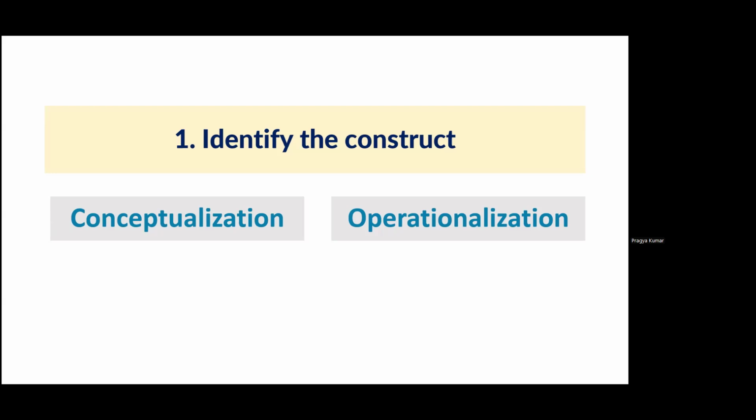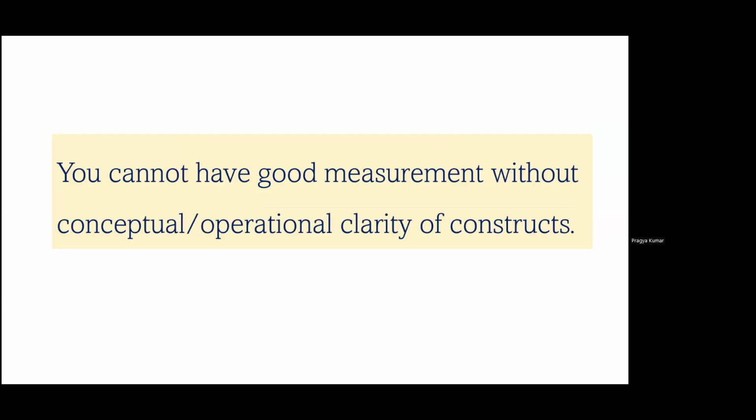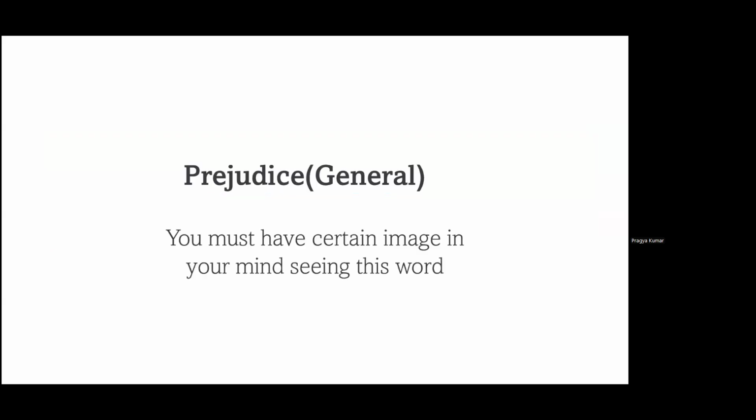Okay. So you should conceptualize and operationalize your construct. Conceptualization is basically you define it as a theoretical thing. Like, what is the theory? So in this case, if there is empathy, you have to define it. Like if you see this example, prejudice. Prejudice is a general concept or a general construct.